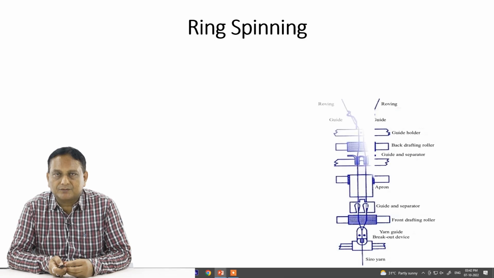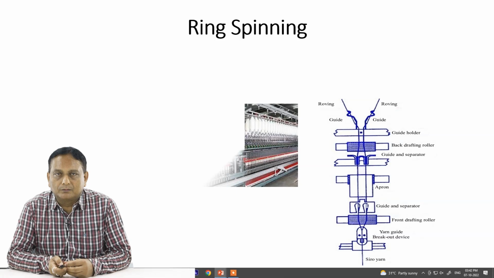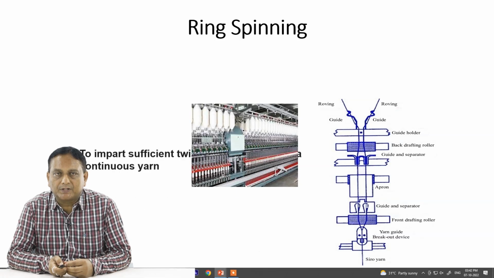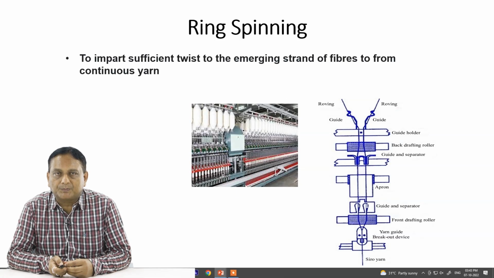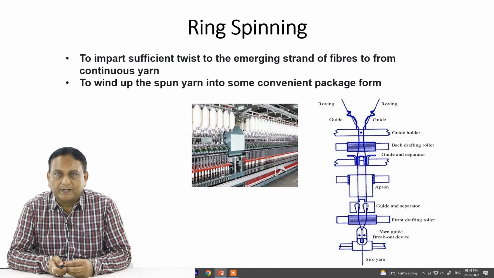The next objective is to impart sufficient twist to the emerging strand of fibers to make continuous yarn. So continuous yarn is produced by giving sufficient twist. And finally the third objective is to wind up the spun yarn into a convenient package form. So that is also important.